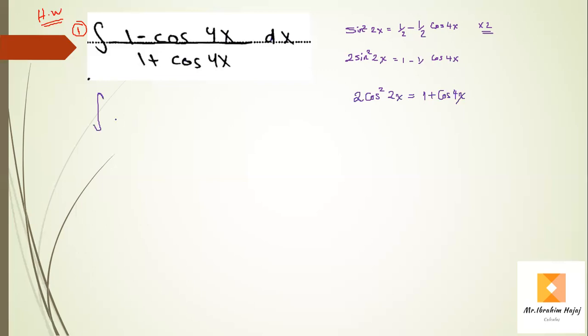Okay, replace. The numerator is 2 sine square 2x. We will replace, guys, in the numerator 1 minus cosine 4x by its value, which is 2 sine squared 2x over 2 cosine squared 2x dx.